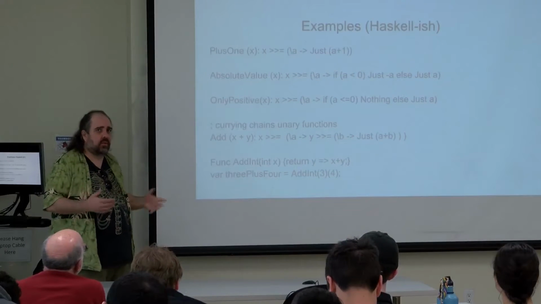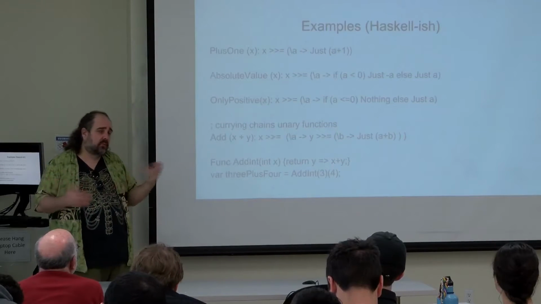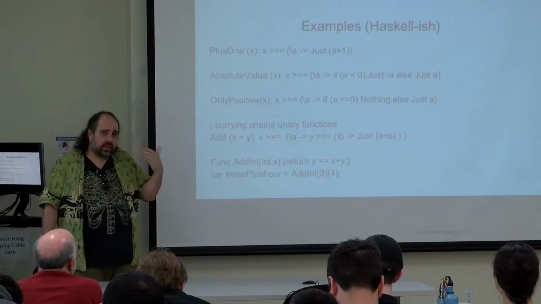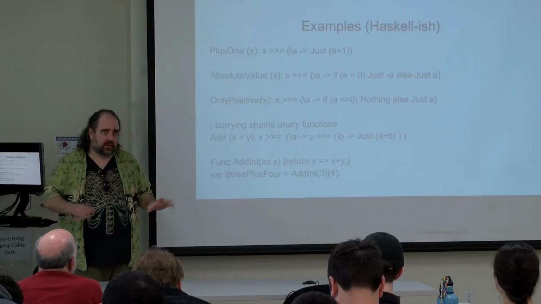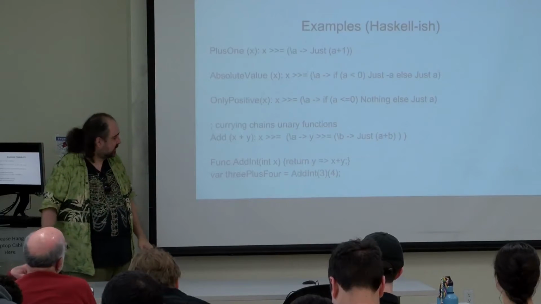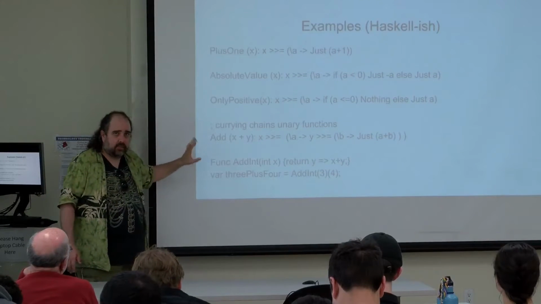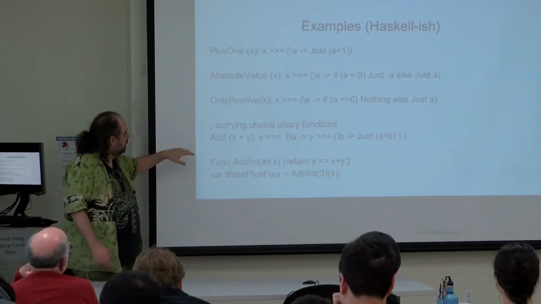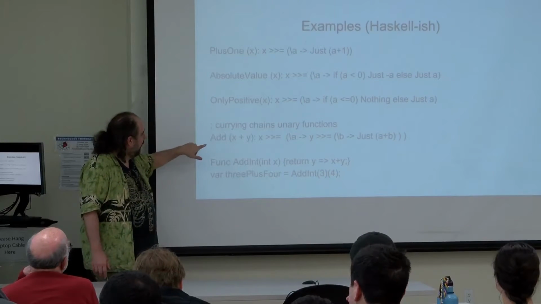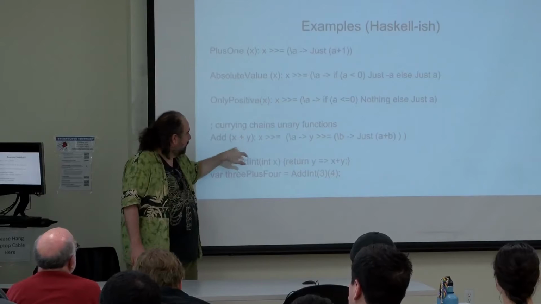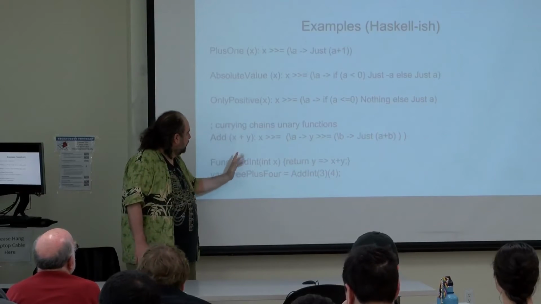Now, all monads have one parameter in their bind operation. But most of us have to deal with things like A plus B, 1 plus 2. And the way that we deal with having multiple parameters, so you can have sometimes 15 or 20 parameters in a function, is with something called currying, which happens under the hood in Haskell, where you have an add function that takes 2 parameters. So you break it down into 2 functions.